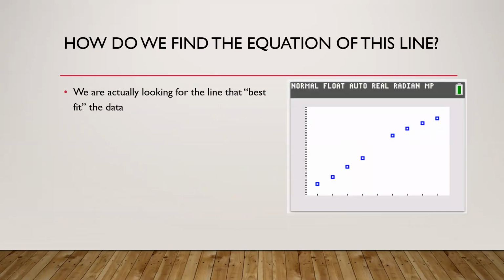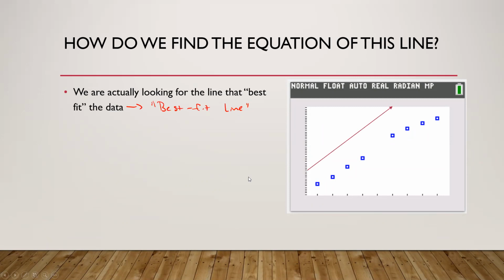Okay, so to do this, what we're actually looking for is what's called the best fit line. So if you wanted a line that best fits this data, if you just look even in the first quadrant of the Cartesian plane, there's an infinite number of lines you could choose.